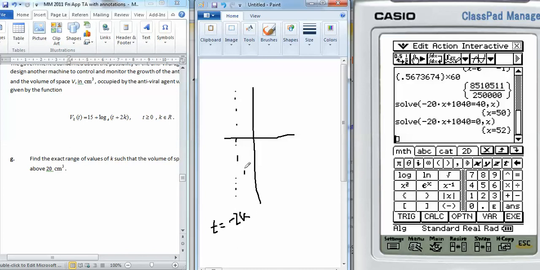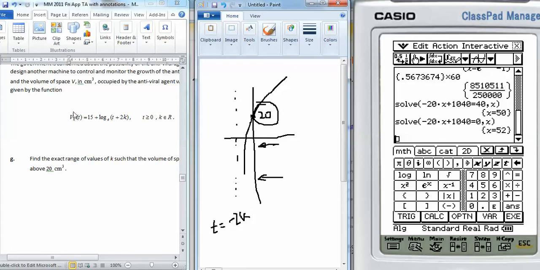And this is going to look like that. Some logarithm that's been moved up 15 points. It has to have this 20 or greater.